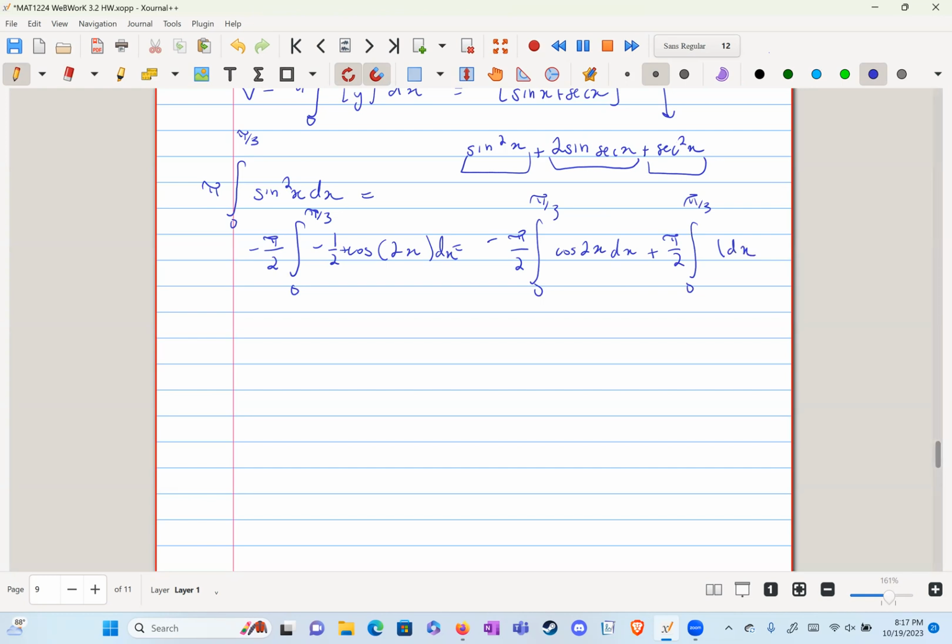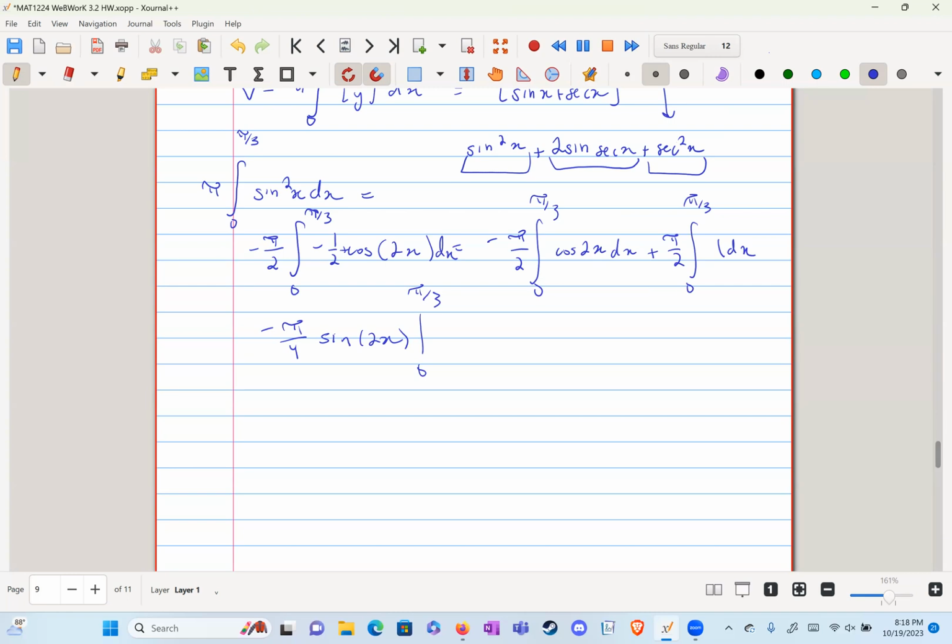Now, we can do some nice integration here. I believe, yeah, we can just do 1/2, which is negative pi over 4, and then the integral of cosine is sine of 2x, from 0 to pi over 3.